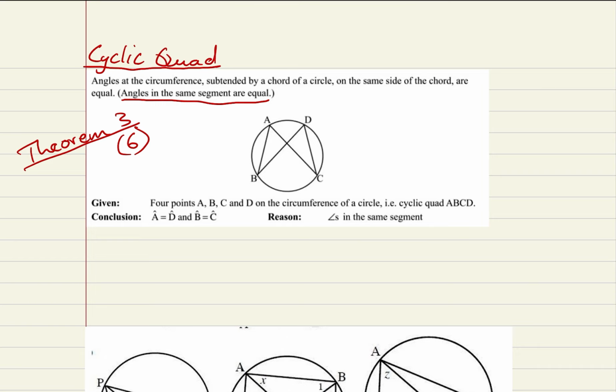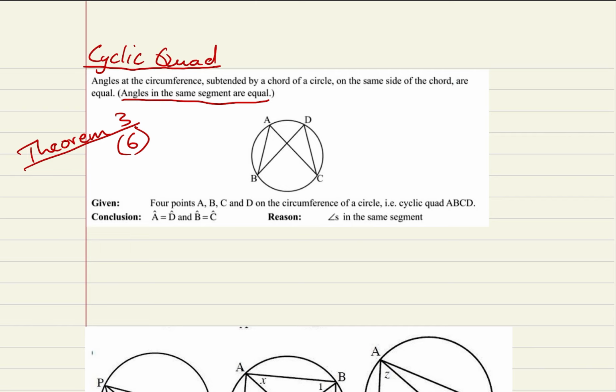I did speak about the angle in the same segment, guys. I spoke about the segments. I said there is a minor segment and a major segment. So this one says angles in the same segment, they are equal.